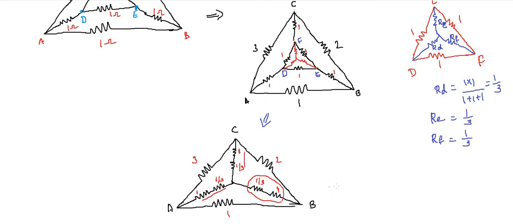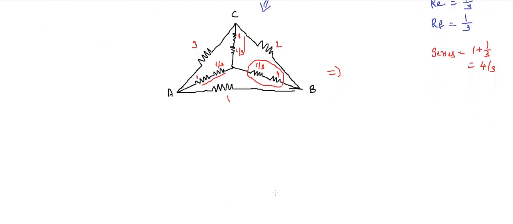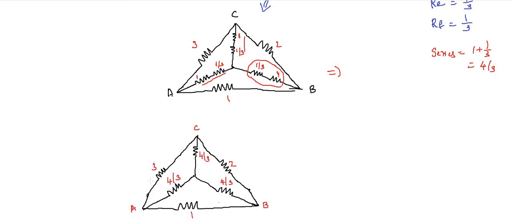So we can rearrange or redraw the circuit. The series resistors 1 plus 1 by 3 is equal to 4 by 3. The effective resistance at those points will be 4 by 3. Now we can redraw the circuit with this resistance value. So this circuit indicates that in the inner star connected network, each branch has two series resistors.